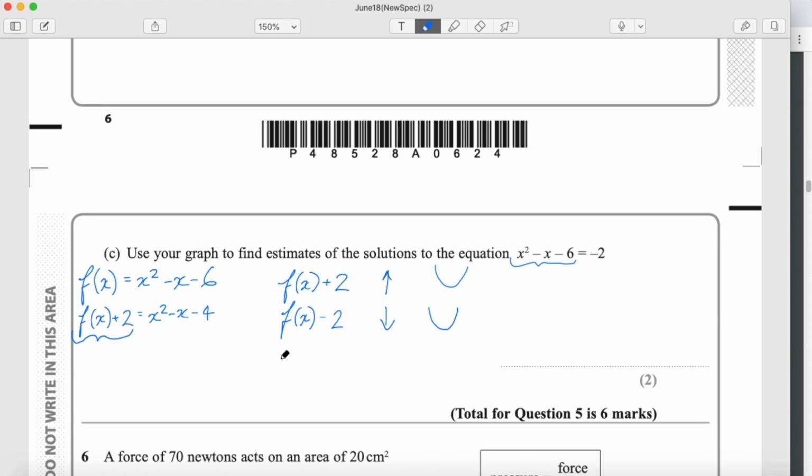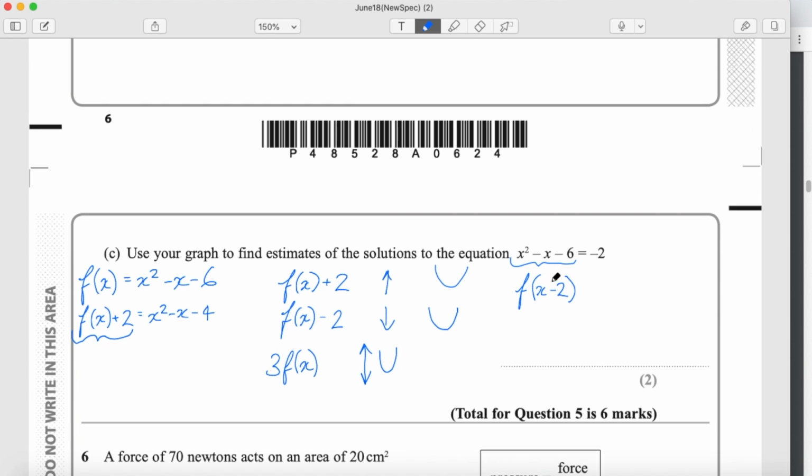We can also stretch in the y direction by multiplying by a constant, and a constant, to remind you, is just any number that doesn't change. So for example, 3f of x would just be a stretch in the y direction. And we can also do it in the x direction, so we could do f of x minus 2 there.